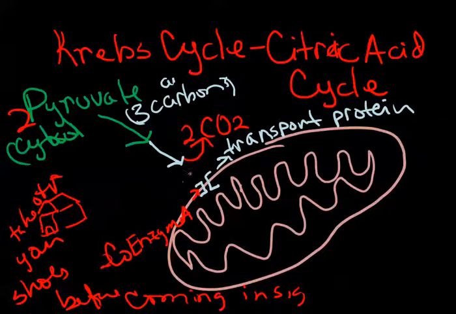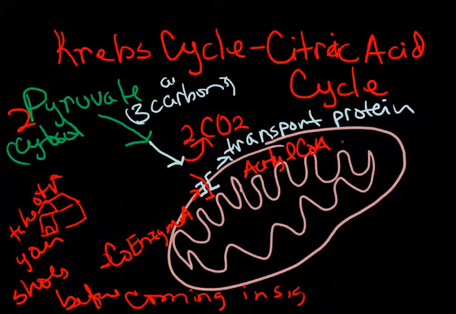And as they lose the CO2, the coenzyme A will bind, and it will become what we call acetyl-CoA. And that's 2 carbons. And once it's inside, it's ready to start doing the Krebs cycle.